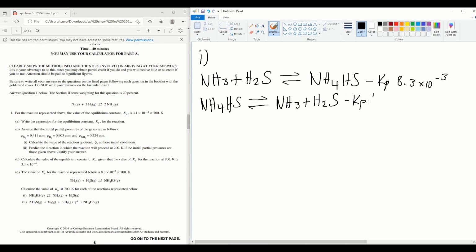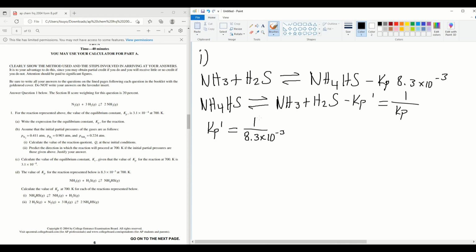When you flip a reaction, the Kp dash is equal to 1 over the original value of Kp. So this Kp dash is equal to 1 over 8.3 times 10 to the negative third.